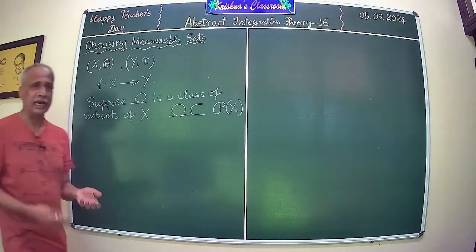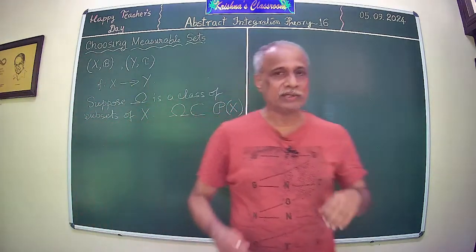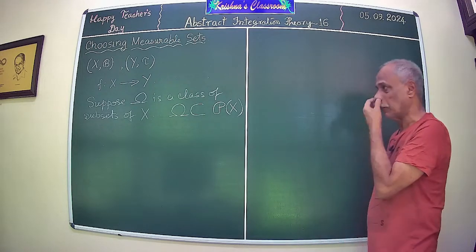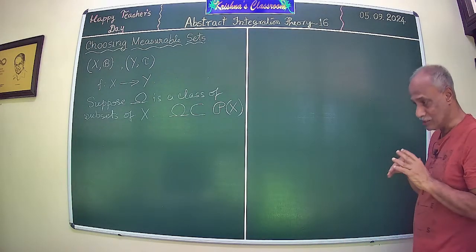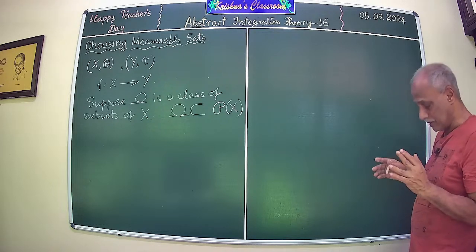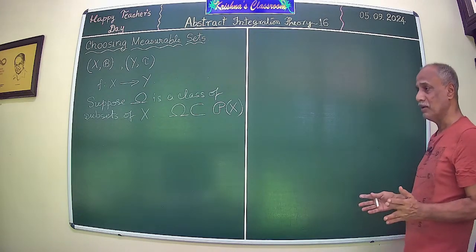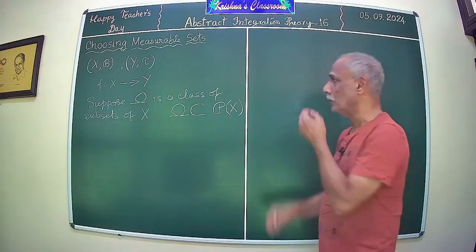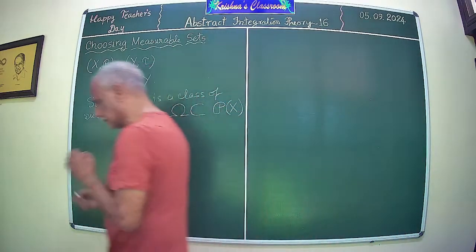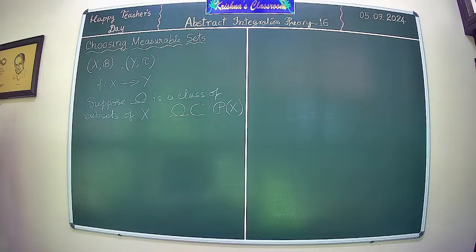So one can choose that, but that may not serve our purpose. Sometimes we may choose a sigma algebra which just fits into what we want to do. So that's what we are going to work on.